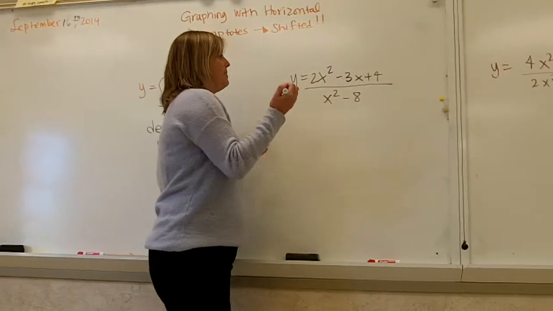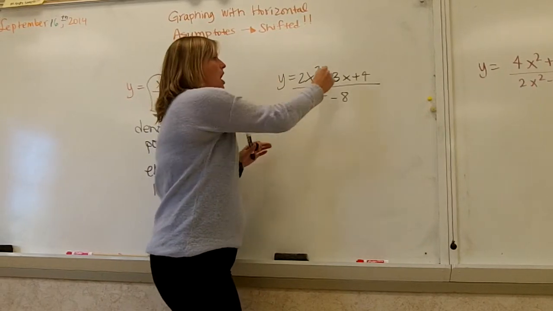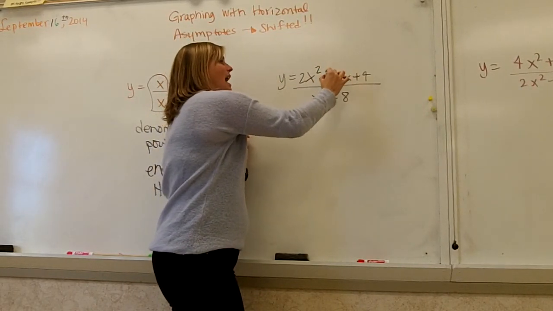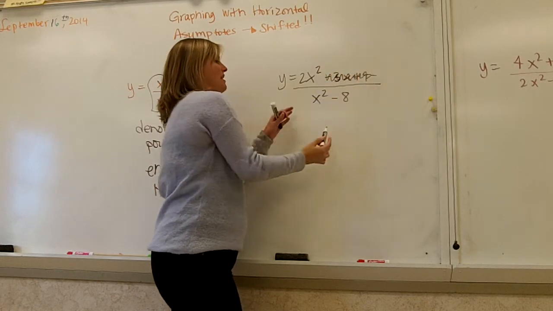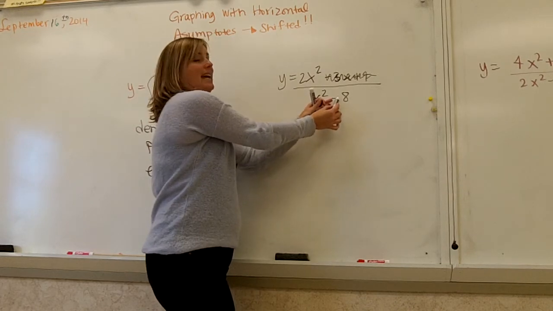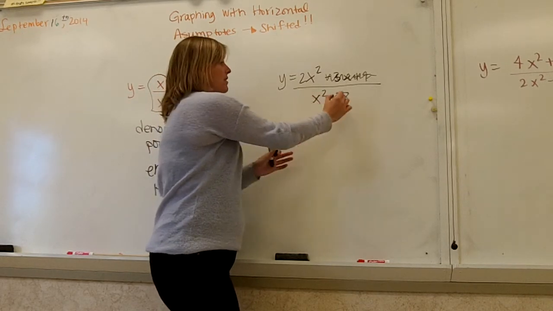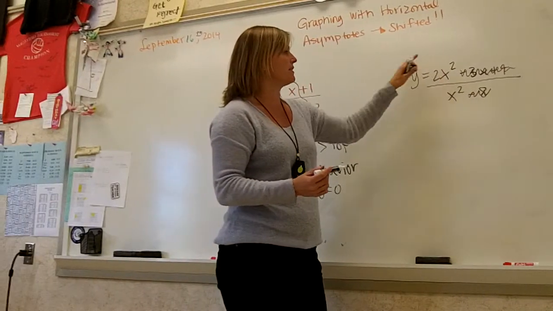So if I'm plugging in really, really big values of x, all of the stuff after the biggest powers is not going to do anything. Doesn't matter at all. If I square 1,000,000, subtracting 8 is not going to make a difference. So we're only going to worry about the two biggest powers.